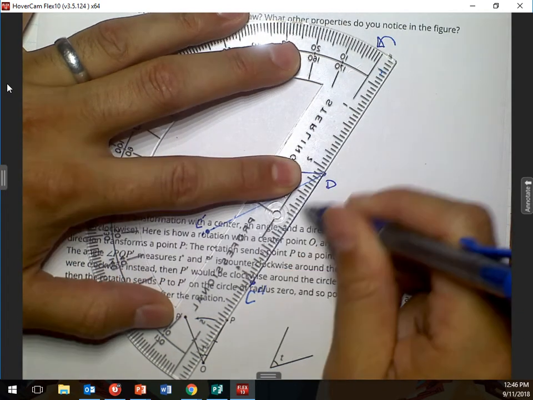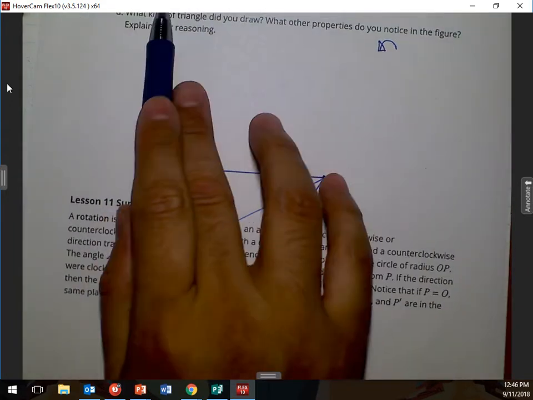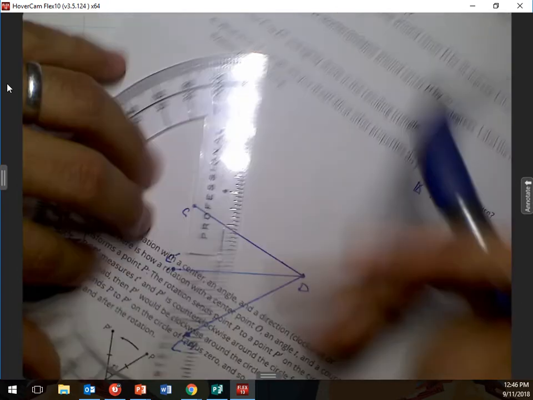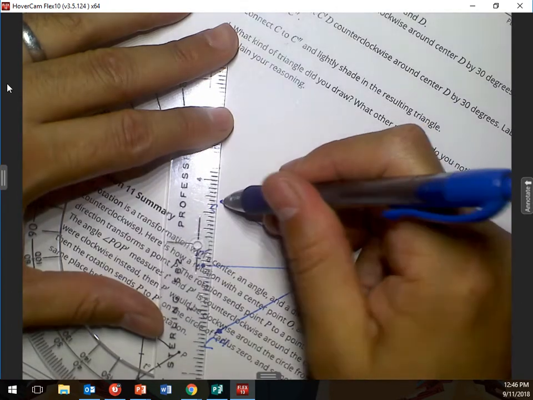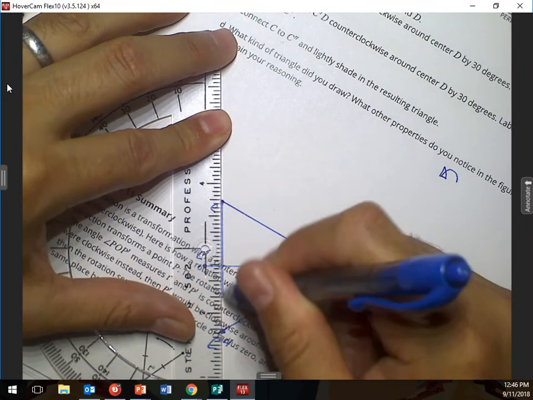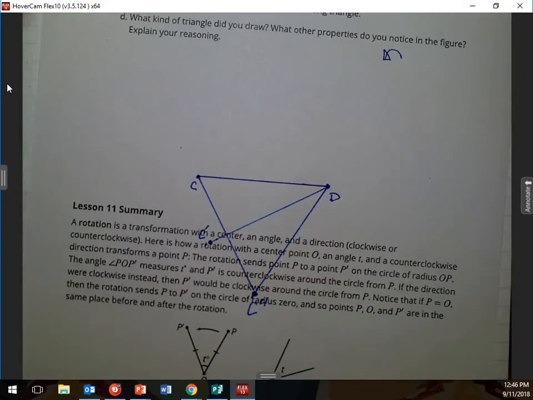Connect my dots. There it is. And connect C to C double prime.